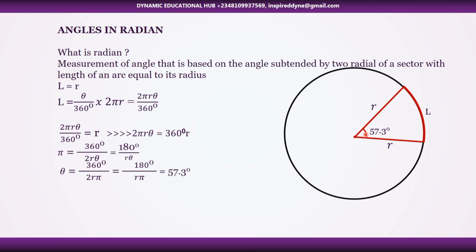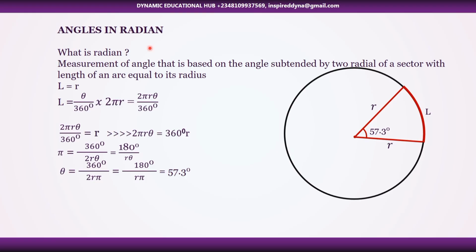At this angle, the arc length will be equal to the radius, and you can verify that by doing a practical. You will confirm that the angle at which the length of an arc will be the same thing as the radius will be 57.3 degrees. Now we have verified that we can convert angles to radian and pi.